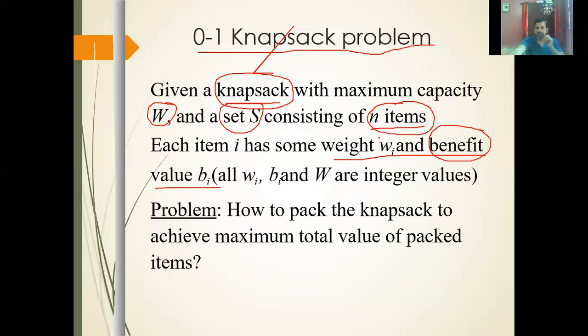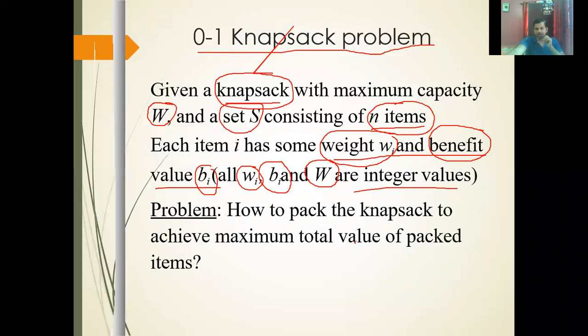So each item is associated with a weight component as well as a profit or benefit component called BI. BI is the benefit of the ith item, and WI is the weight of the ith item. The weight WI, the benefit BI, and the capacity of the knapsack are all integer values.